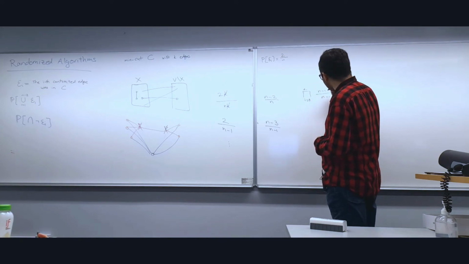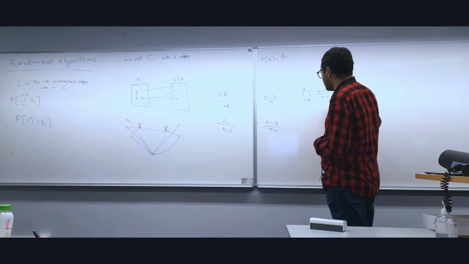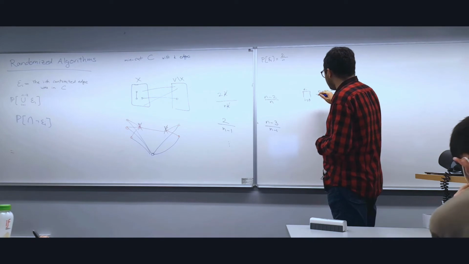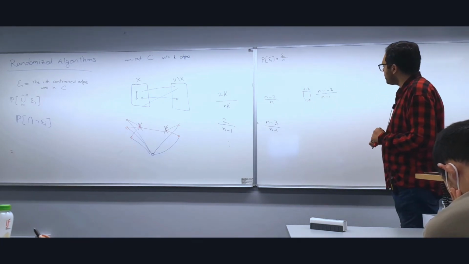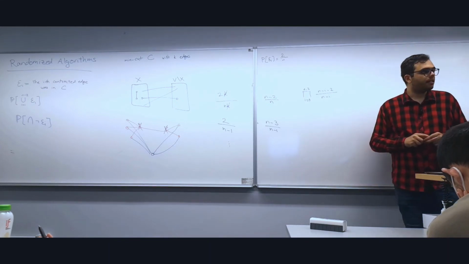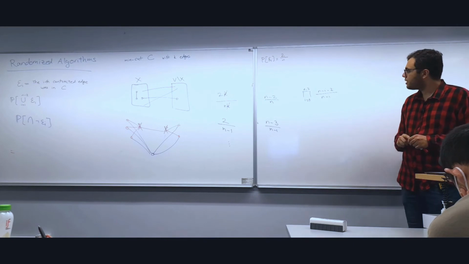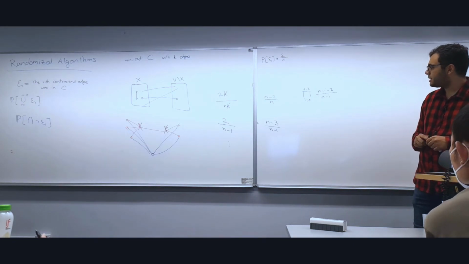I'm really bad with algebra. Okay, so the first one is n minus 0. Yeah, this can go to n minus 3. The denominator just comes from minus i.